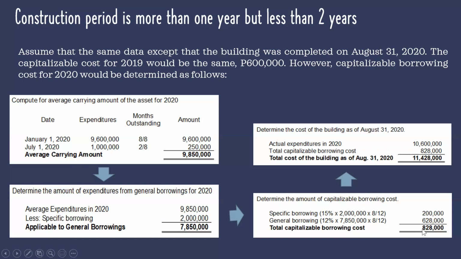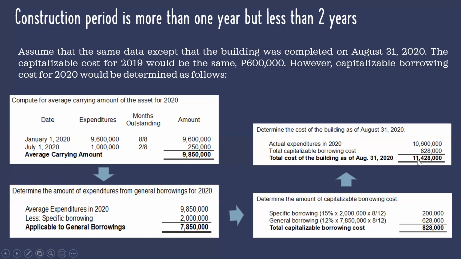So, total capitalizable borrowing cost is only 828,000. So, kung tatanungin tayo, magkano ba ang total cost of the building as of August 31, 2020? So, that will be total cost, total expenditures, which is 10,600,000. Again, that's 9.6 plus 1 million, so that's 10.6. And then, yung capitalizable borrowing cost as computed here is 828,000.